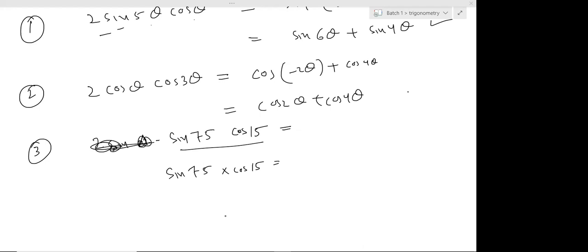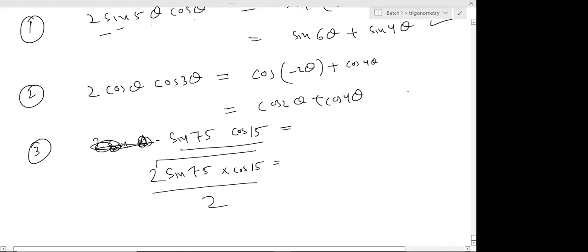No, you don't have to use half angle. You can just multiply by 2 and divide by 2. And this is the formula for 2 sin A cos B, right? You can use that formula. Gautam, clear? No, sir. Oh, let's see.